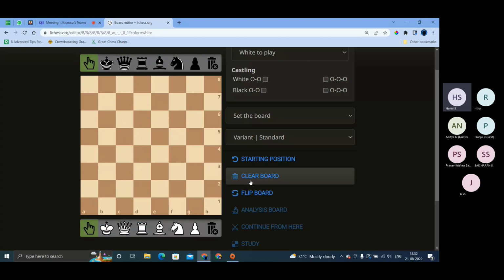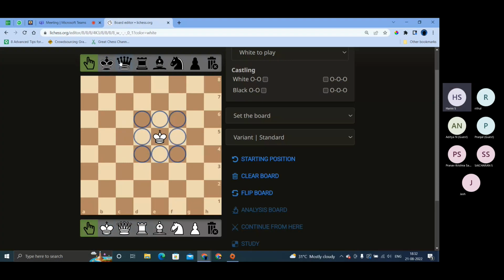Okay, so now what about two kings? Always remember this: there will not be any position like this on the chessboard. This is entirely wrong, because this king is controlling all these squares.